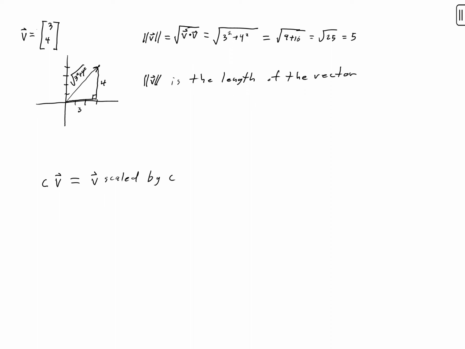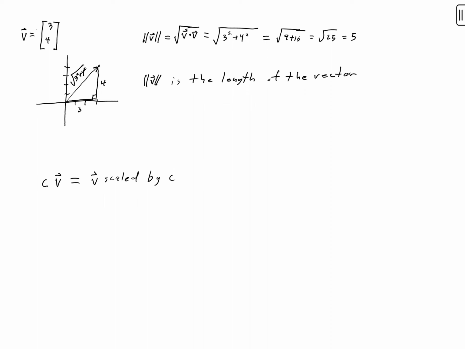So we've scaled it up, it's going the same direction, it's just longer. Or if c is negative, then we've scaled it and flipped it to the opposite direction, but it's still along that same line. Or if c is between 0 and 1, then we've scaled it down to something shorter.